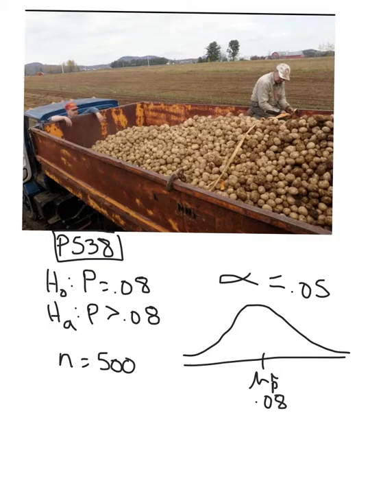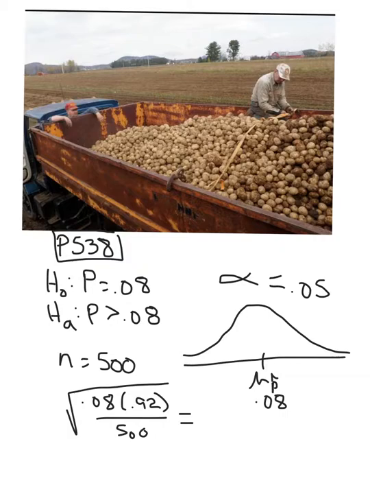Now I'm going to do the standard deviation, and you know what that's going to be. It's the square root of 0.08 times 0.92 divided by the sample size. And what do we get for that? 0.0121. There's my standard deviation.